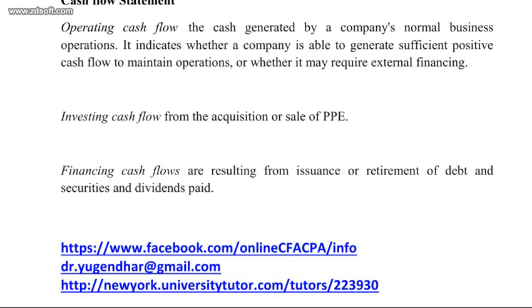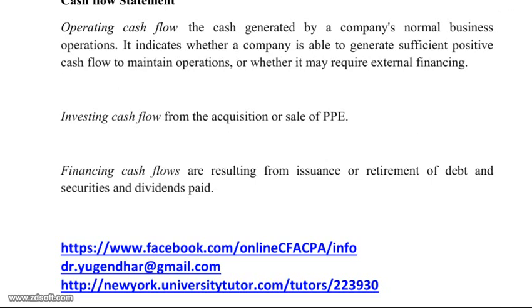The second aspect is investing activities. Investing activities are those cash flows from activities associated with the acquisition and disposal of long-term assets such as PPE, property, plant and equipment. So this is very important. All the operations are done with the plant and equipment only.